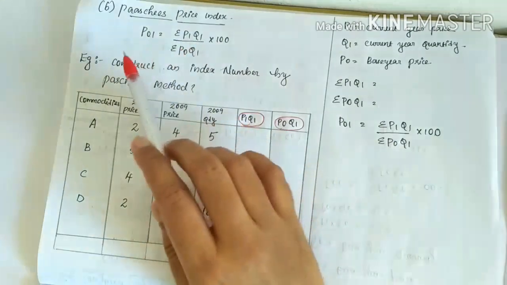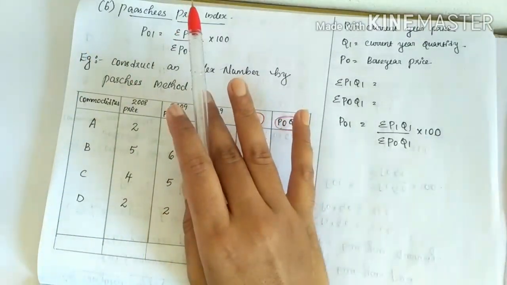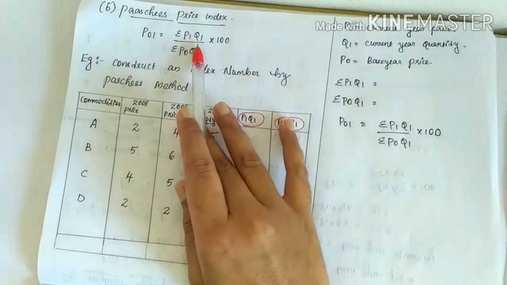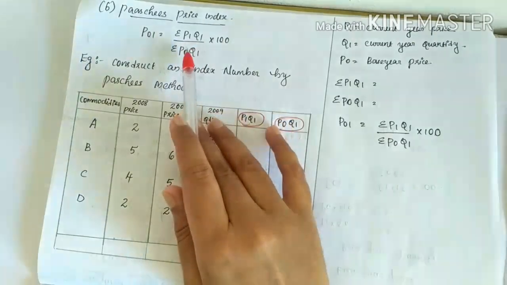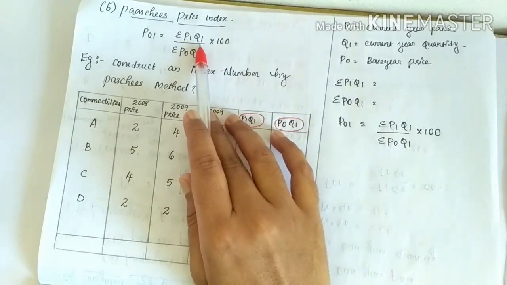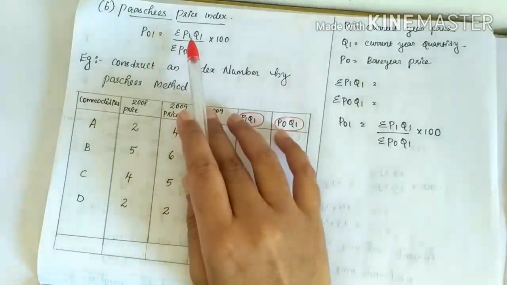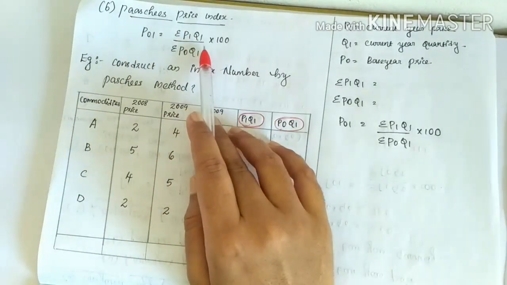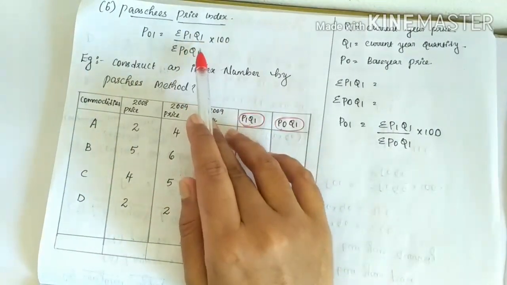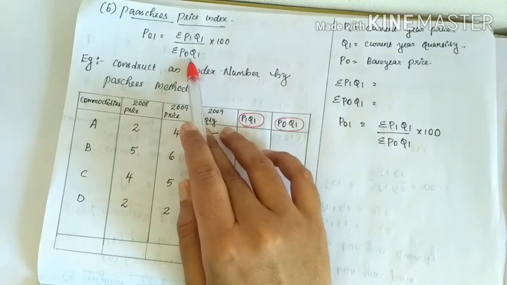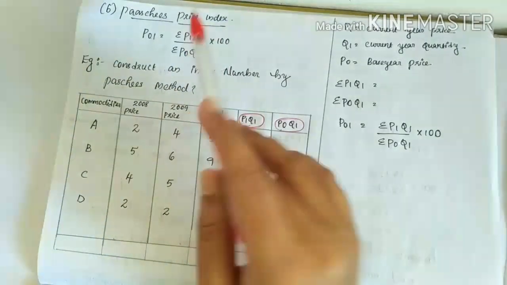It is the same as the Laspeyres method, but the difference is that in the Laspeyres method we consider the base year quantity, but here we have to consider the current year quantity. That's the difference between Paasche's price index and Laspeyres' method. In the Laspeyres method, we consider the base year quantity, but in the Paasche's price index method, we consider the current year quantity, that is Q1.